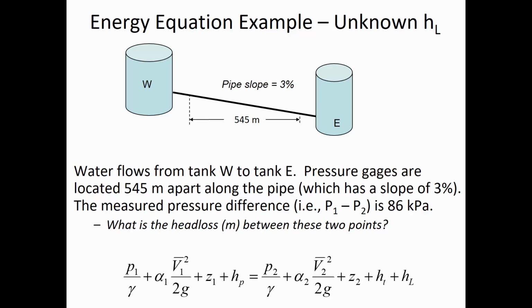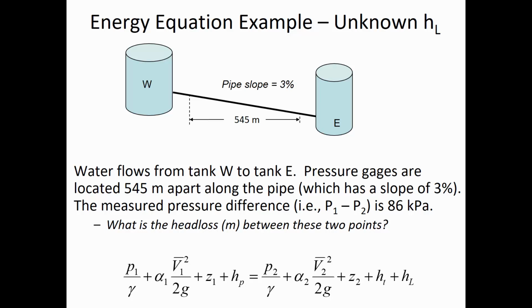All right, so we've got 2 points, and so what I'm saying is the points 1 and 2 are going to be these locations where we've got the differential pressure measurement. So the upstream and the downstream. So 1 is upstream, the water's flowing from west towards the east, and the length is 545 meters.